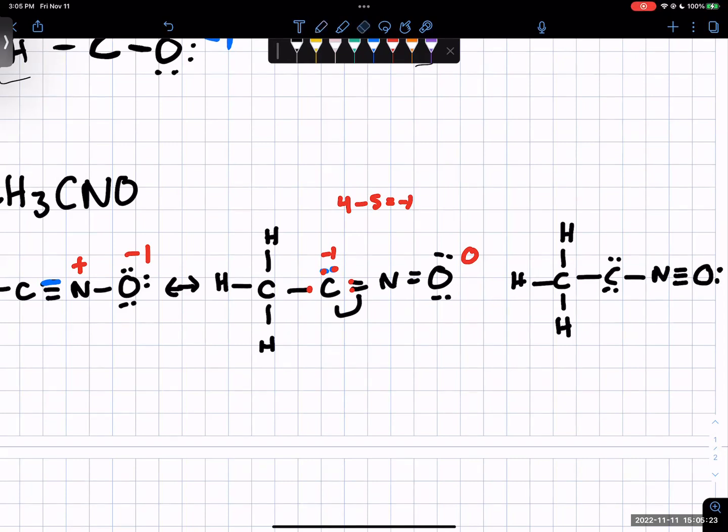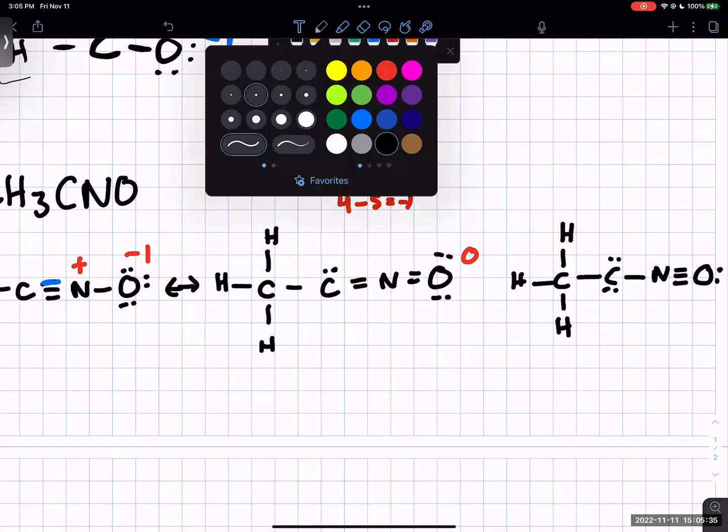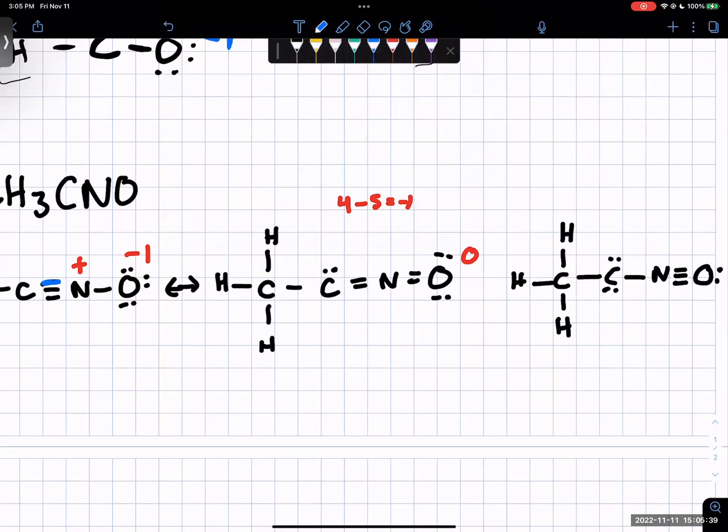So what she did to get to this resonance structure is she took, let me erase all these little things here. So we got that, we got that, we got that. Let's go ahead and label these in a different color. Let's use green. These electrons, she said, are gonna pop onto the carbon here to give it these right here.